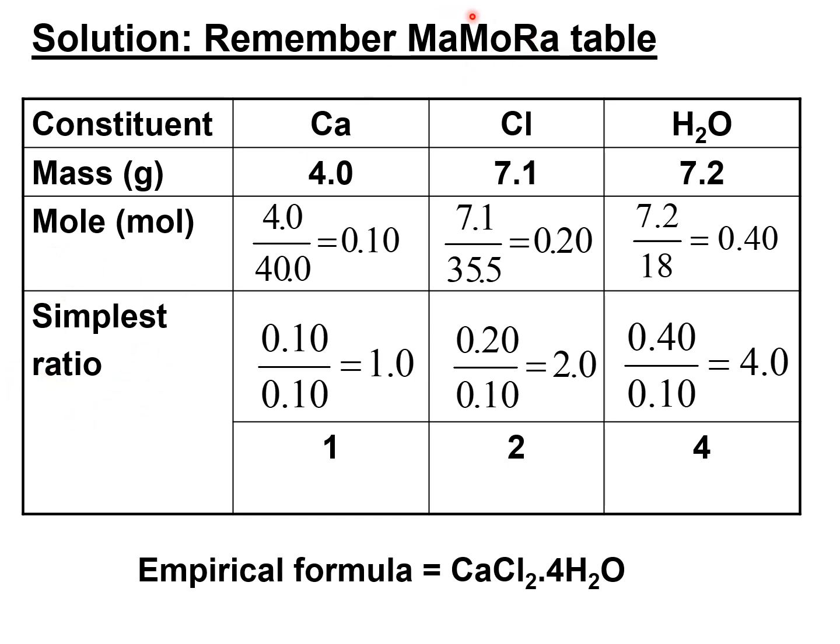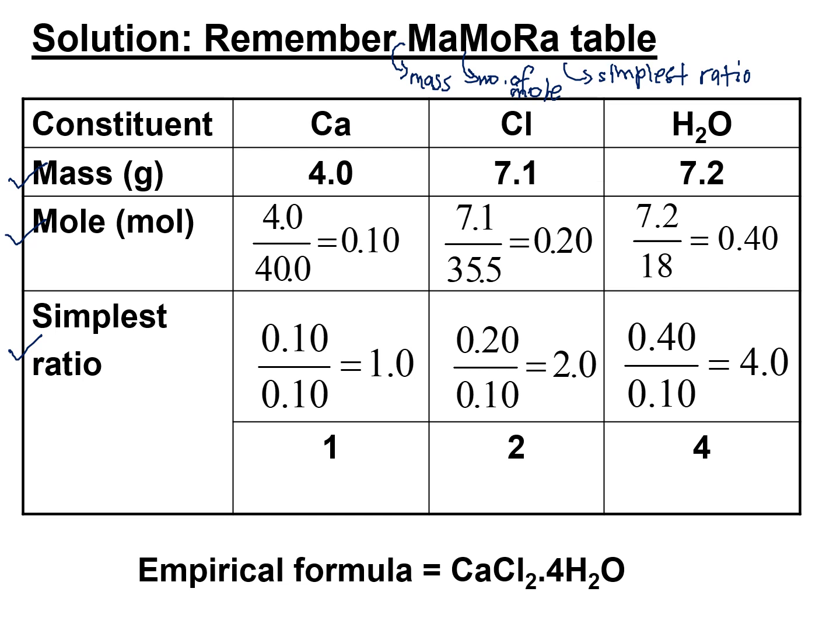Okay, memora ni pula adalah singkatan untuk mass, number of moles dan juga simplest ratio. Kiranya untuk cari simplest ratio, you kenalah tahu dia punya mass, you kenalah tahu macam nak kira number of mole dan juga macam mana nak buat simplest ratio. Okay, so make sure dalam table tu kena ada ketiga-tiga ni, kena ada memora.